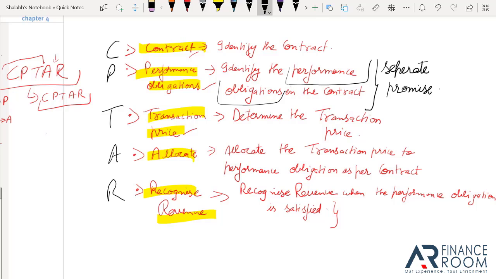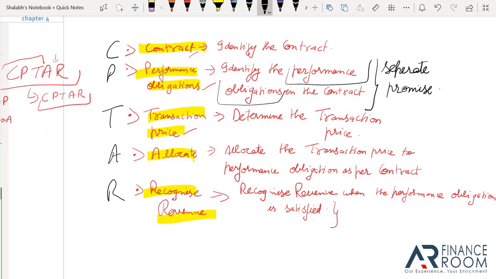In our example of that BMW car and a service contract, can't that dealership sell the service contract separately? Of course they can. People do buy it. Even at the time of purchasing a car, you are given an option whether you want to buy it with a separate service agreement or not. So a performance obligation means a separate promise.